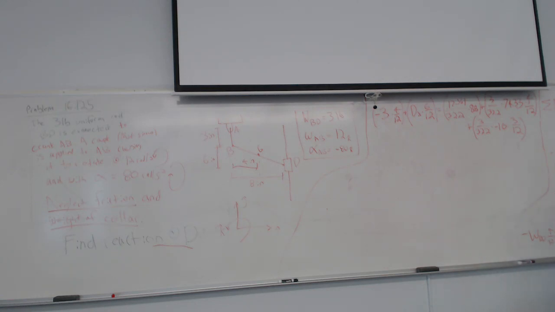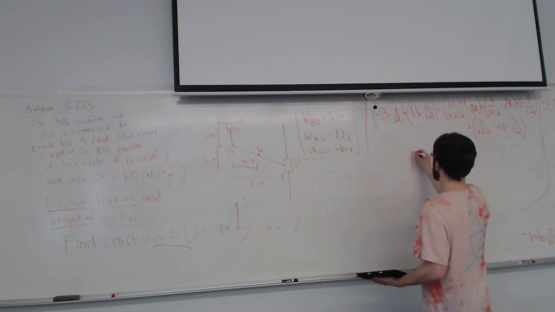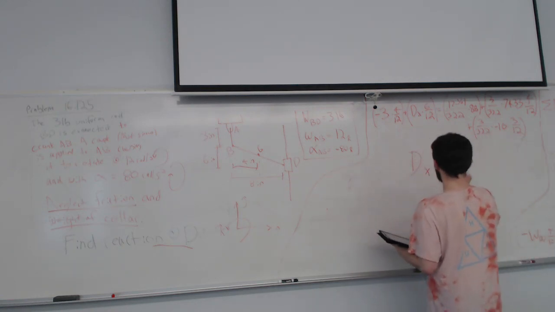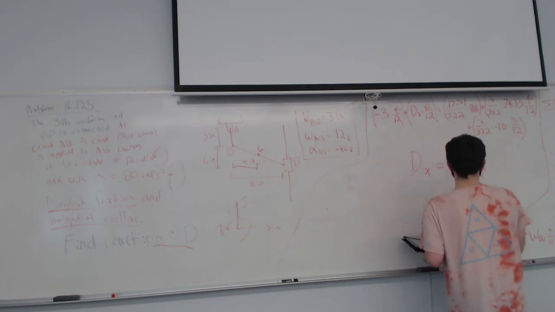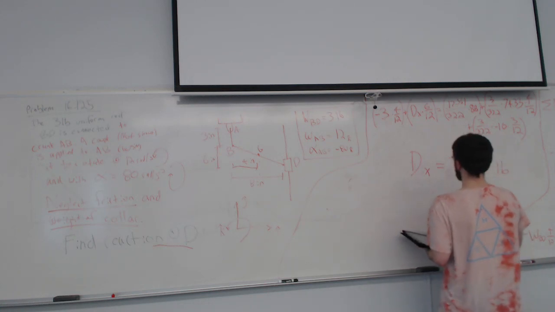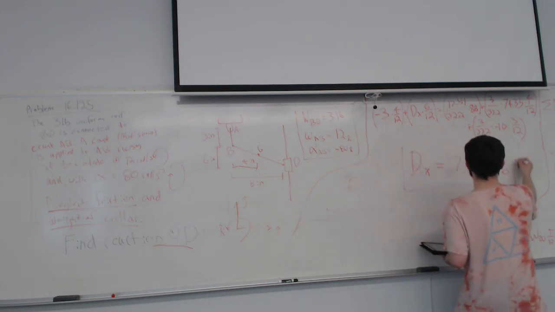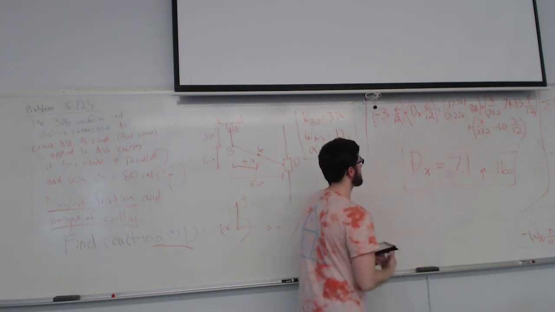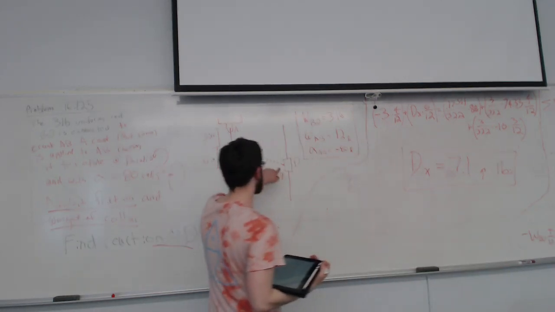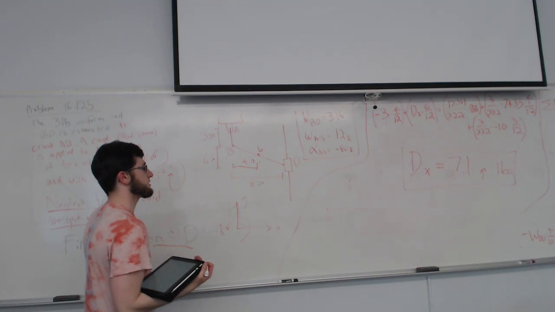One equation, one unknown. Dx is equal to 7.1 in the i direction, and we're in English units, so it's pounds. That's the answer. The reaction force at D is 7.1 pounds in the i direction.